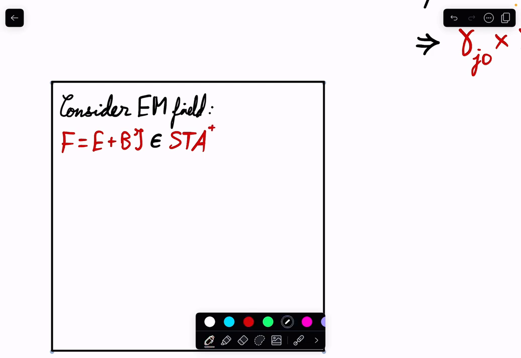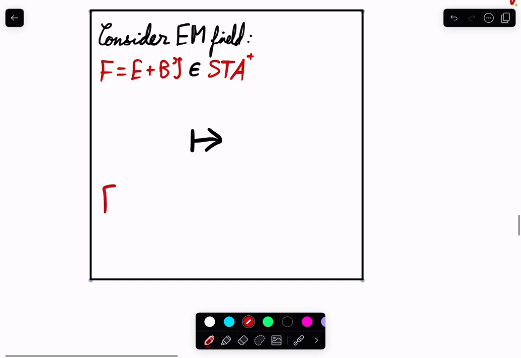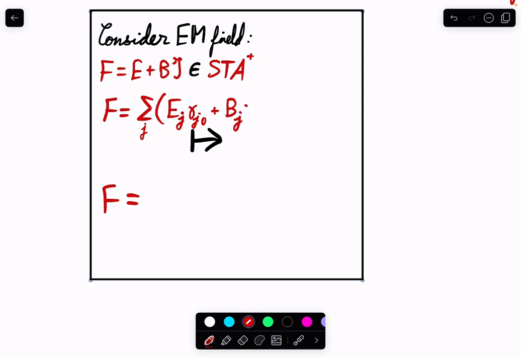Well, if we just do the mapping to the APS, we end up with F is equal to the sum through j of E_j gamma_j gamma_0 plus B_j gamma_k gamma_l.